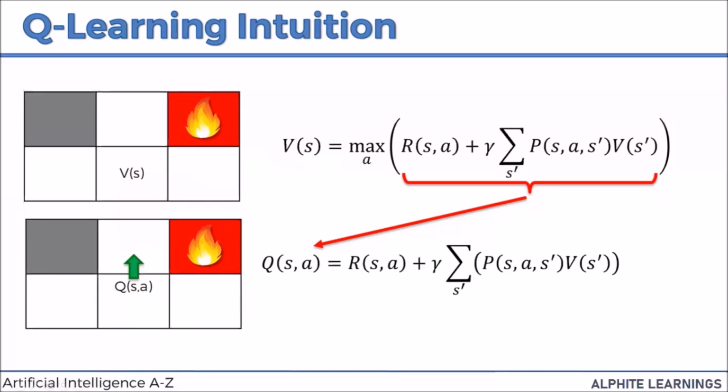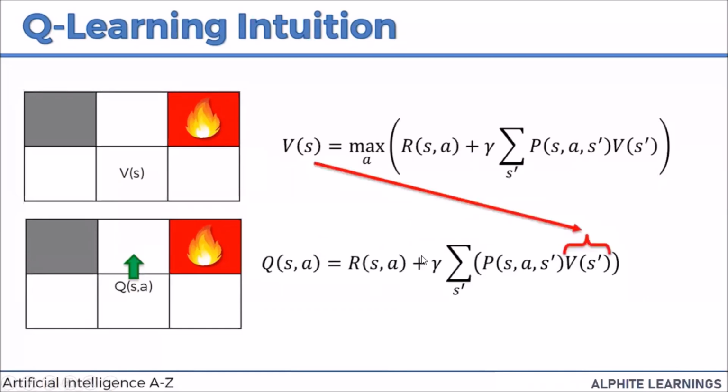Now I want to reduce this still further, since we are calculating only quality. To find the value of the next state, S prime, I am going to equate the same thing again.